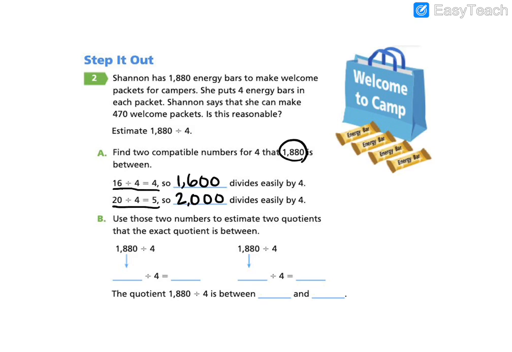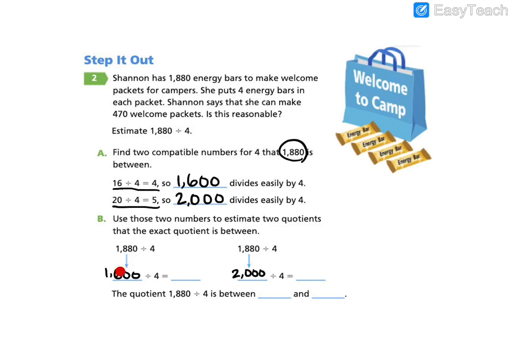Okay, we're going to go ahead and put those numbers into letter B now. Using the 2 numbers to estimate our 2 quotients that the exact quotient is between. So here's our low end estimate of 1,600. We'll use our high end estimation of 2,000 here.